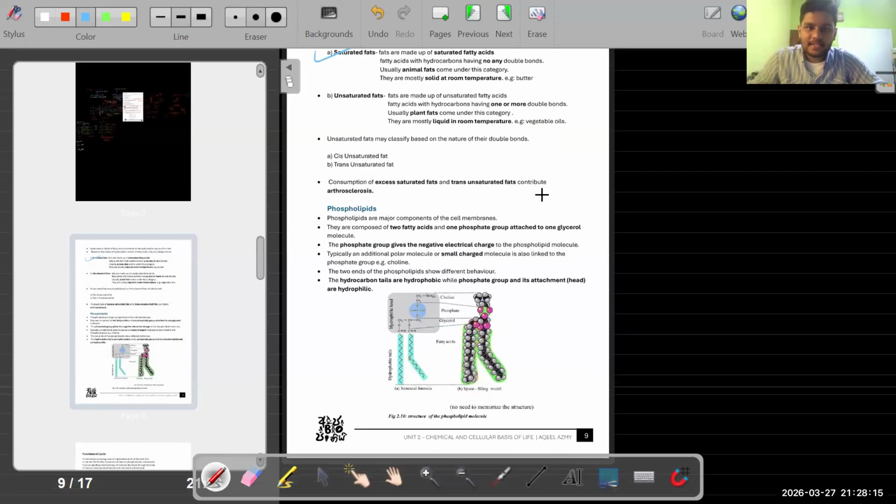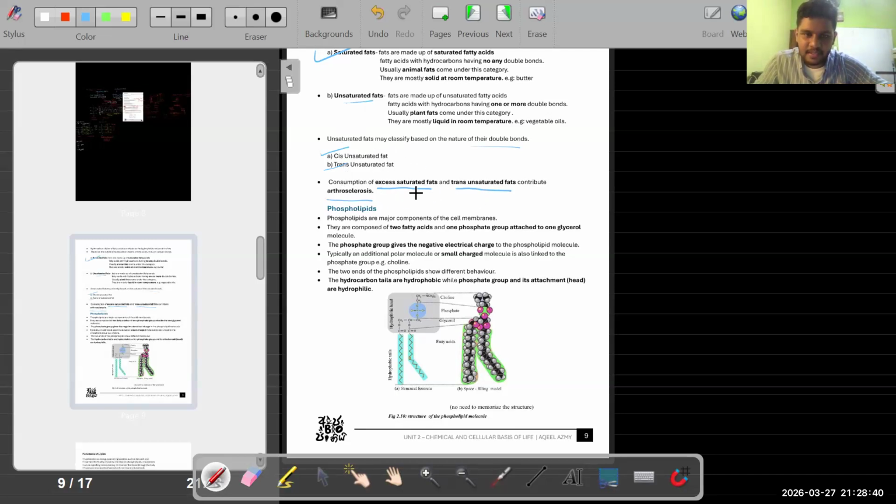These unsaturated fats are further classified into two, depending on their nature of double bonds, as cis and trans. Now, don't think about what is cis and what is trans. They have said it is divided into cis and trans. And they have said a small point: consumption of excess saturated fats and trans unsaturated fats contributes to atherosclerosis.